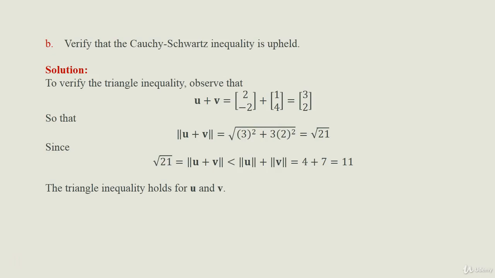Since square root of 21, which is the norm of U plus V, is less than norm of U plus norm of V, which is equal to 11, thus the triangle inequality holds for U and V.